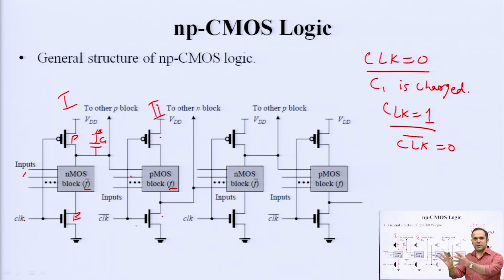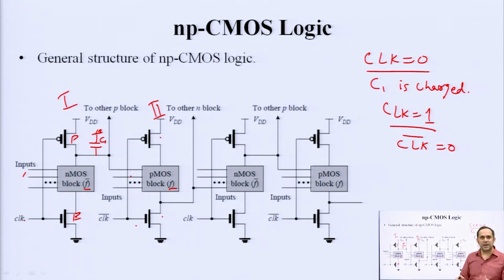So, whatever is being charged in stage 1 cannot affect stage 2, whatever is happening in stage 2 cannot affect stage 3 and so on. So, this is how instead of connecting a cascade connection, you are basically isolating successive stages, the output of successive stages from each other. So, this is how you are basically maintaining signal integrity and not allowing the charge to decay.